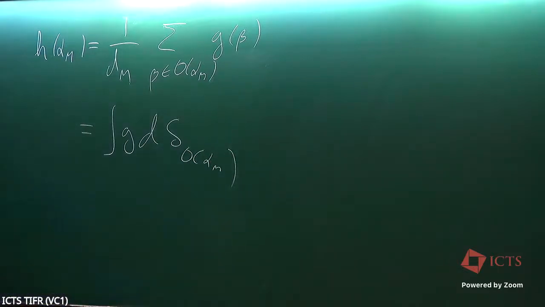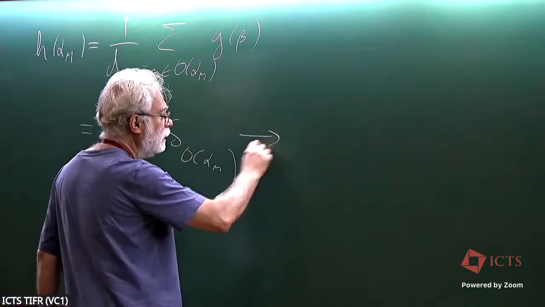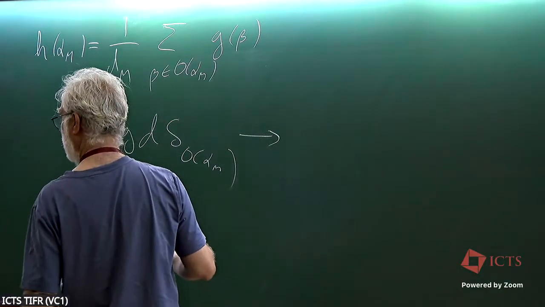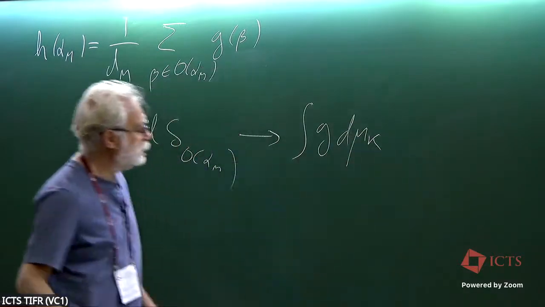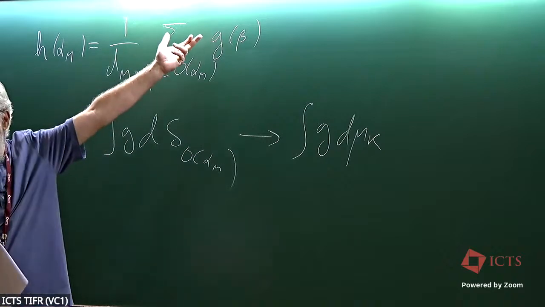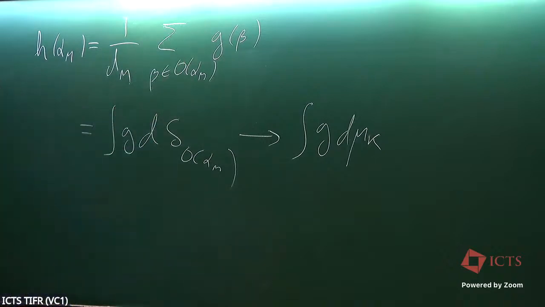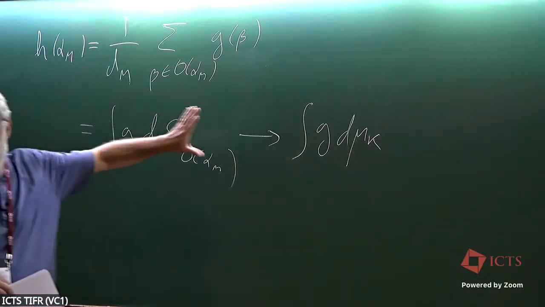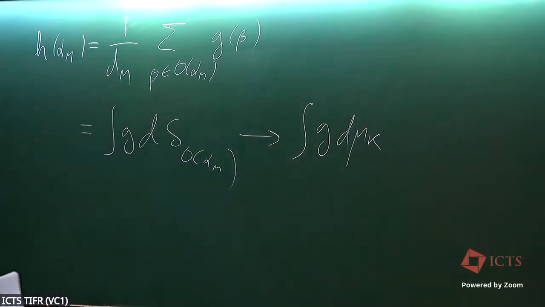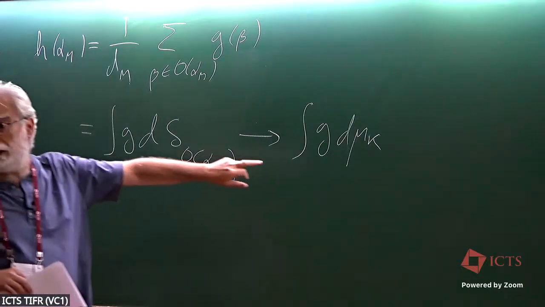This was the definition of the counting measure of alpha n. And this converges to the integral of g d mu K, because g is continuous on the whole of C. I don't care that the limit at infinity is not bounded, because I have proper convergence of measures. Since I have proper convergence of measures, I know that this integral converges to this integral. So I have a sequence of integers whose limit height is this quantity.